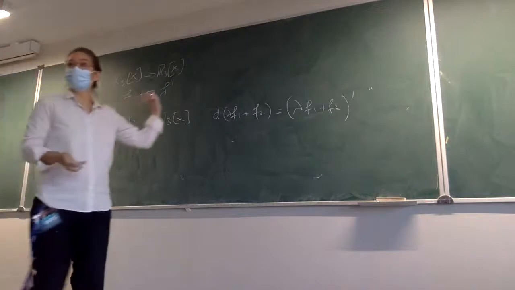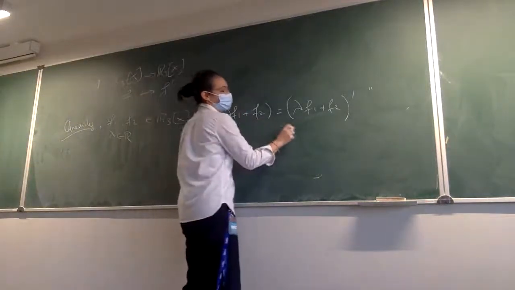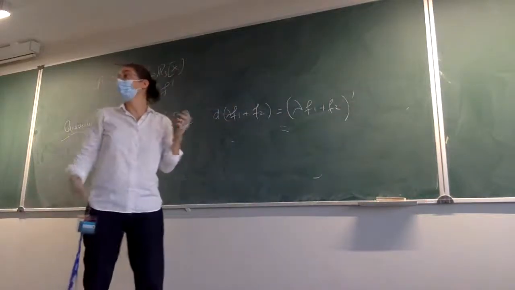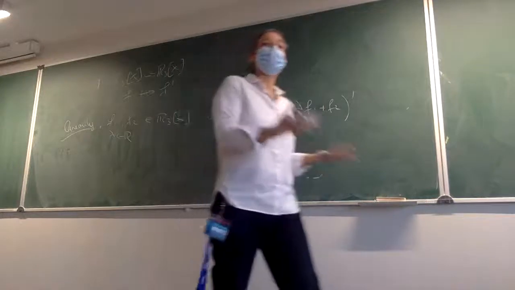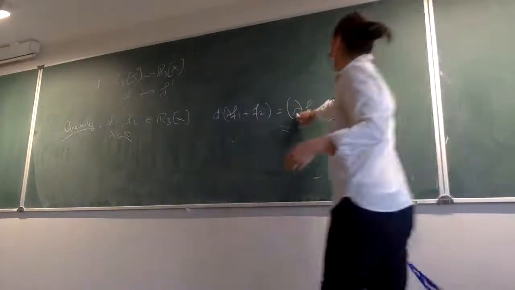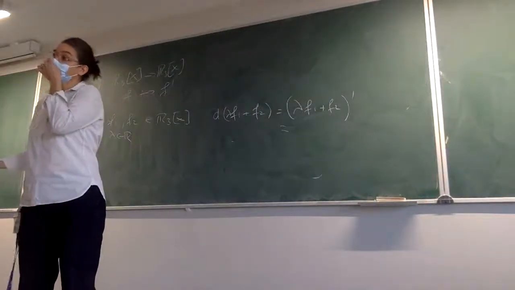In the previous examples, it was the matrix-vector multiplication. Here it's differentiation that is linear. You know that the derivative of a sum is the sum of the derivatives, and the derivative of lambda times the function is lambda times the derivative of the function.